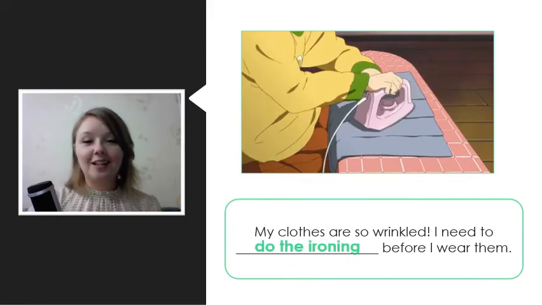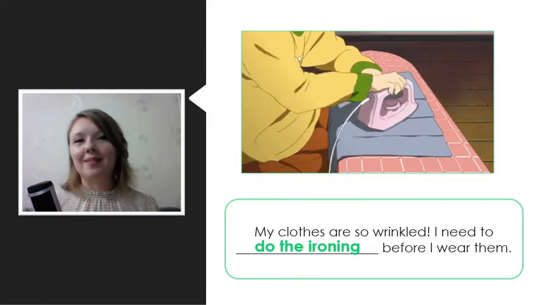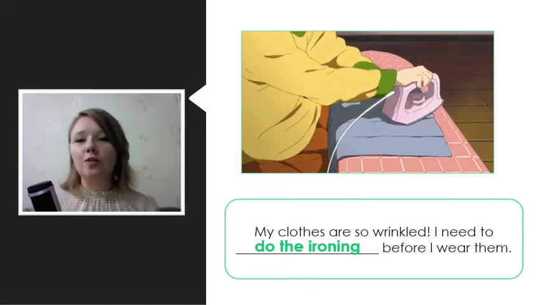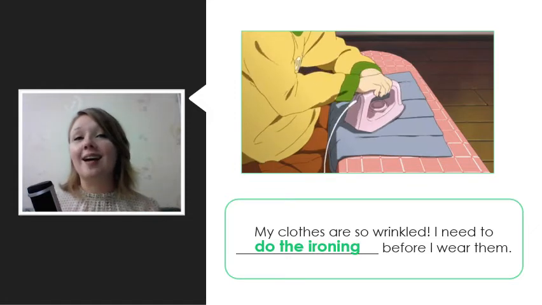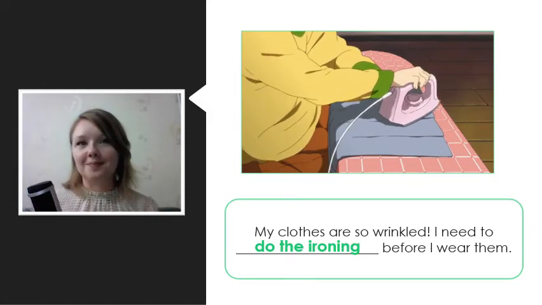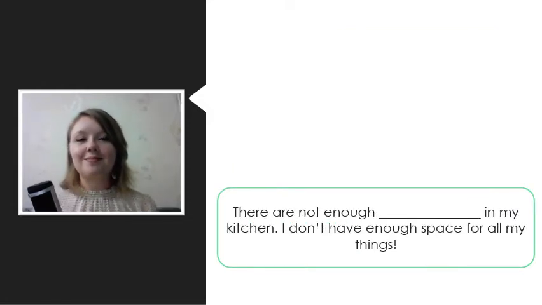Here we would say, do the ironing. My clothes are so wrinkled. I need to do the ironing before I wear them. Number 2, there are not enough in my kitchen. I don't have enough space for all my things.